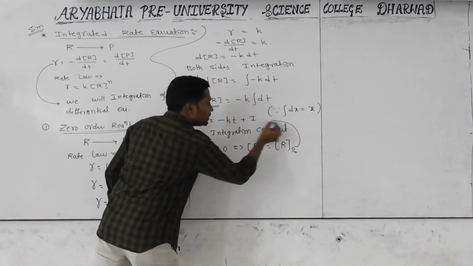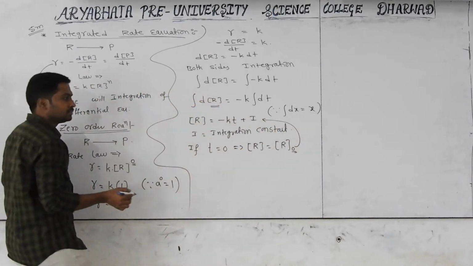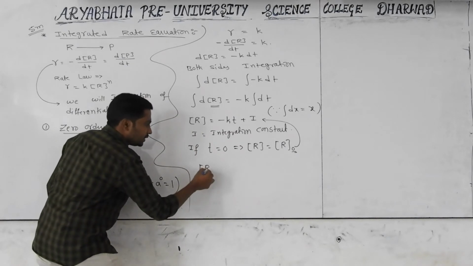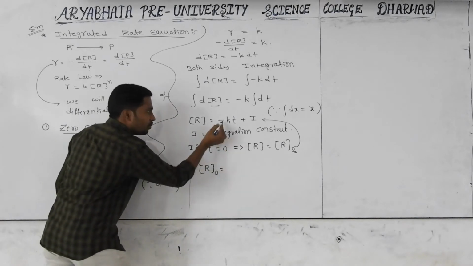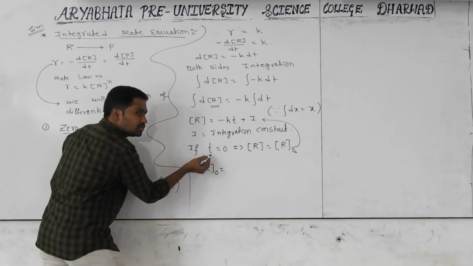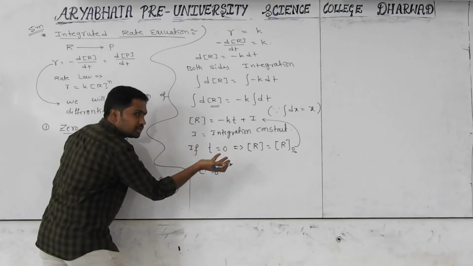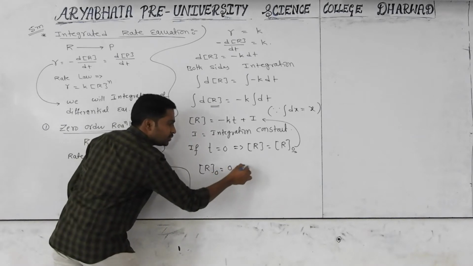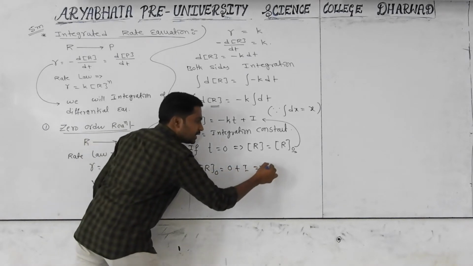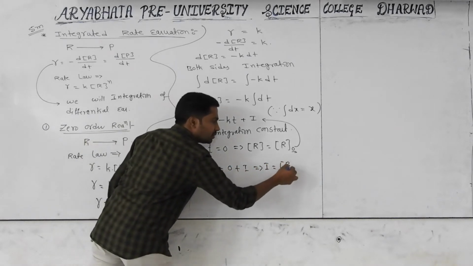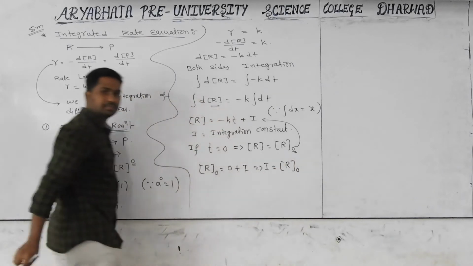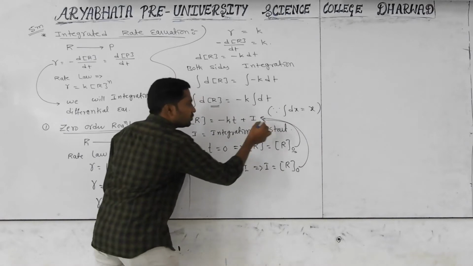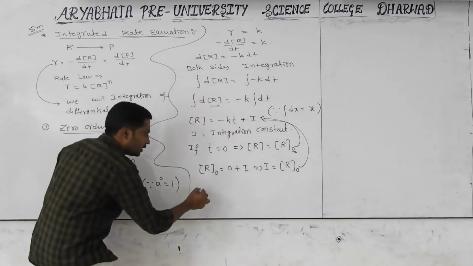Substitute this information in this equation. Instead of R, R0 can be written, equal to minus k into time equal to 0. Minus k into 0, anything into 0 is 0, plus what is coming? I. So what you got? That implies I is equal to R0. Again substitute this R0 value in the equation.